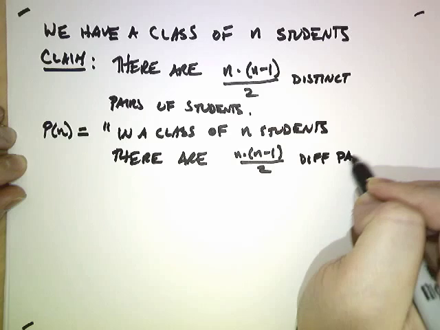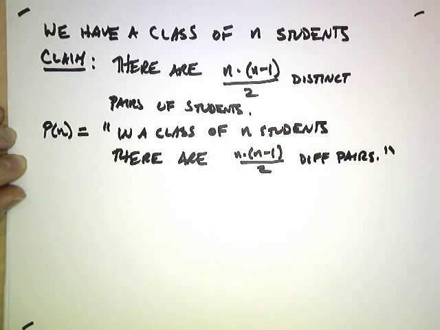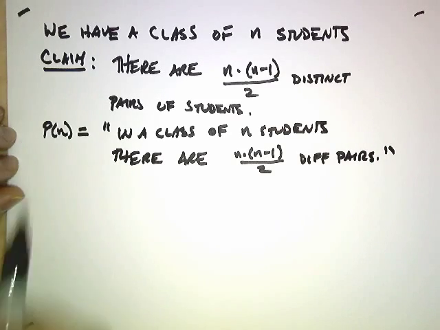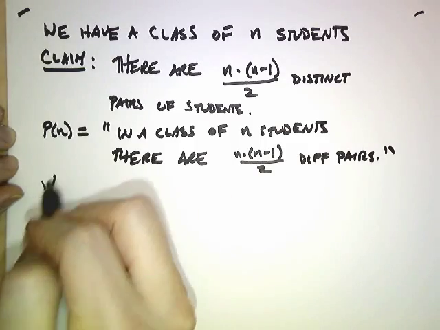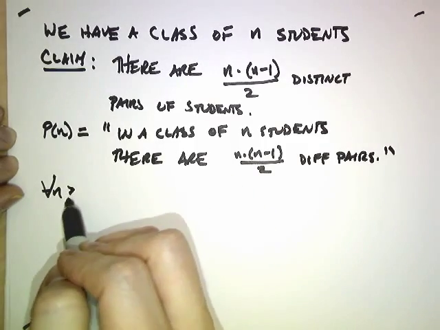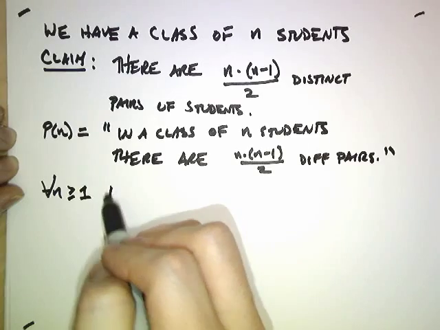So just the same as the problem. Again, not difficult to write down the predicate that we'll be using when we invoke the inductive hypothesis. So we want to prove that for all n greater than or equal to 1, P of n is true.